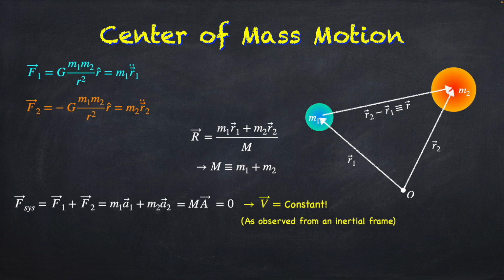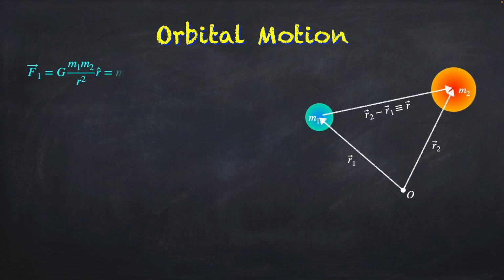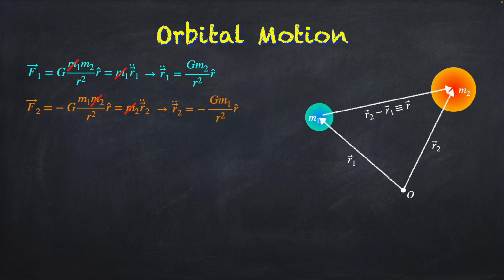Now that we've figured out the center of mass motion, let's take a look at how these two objects move relative to one another. Taking a look at the blue equation, we see that there is an m1 on both sides, so we can divide that out and get the following expression for the acceleration of mass 1. In the case of the orange equation, it's mass 2 that divides out, giving us a similar equation for the acceleration of mass 2.